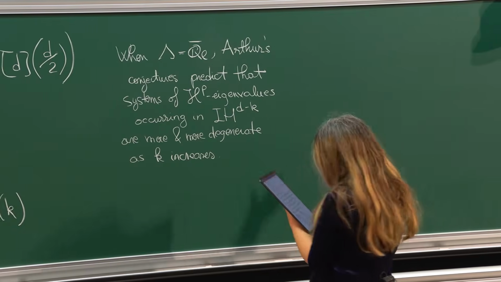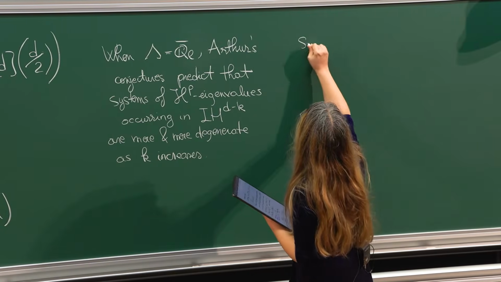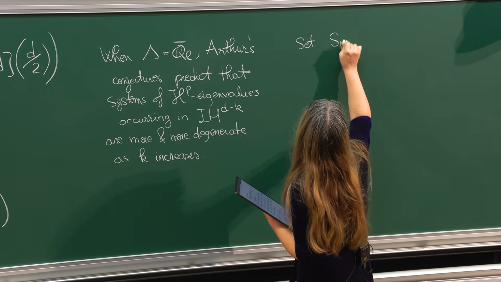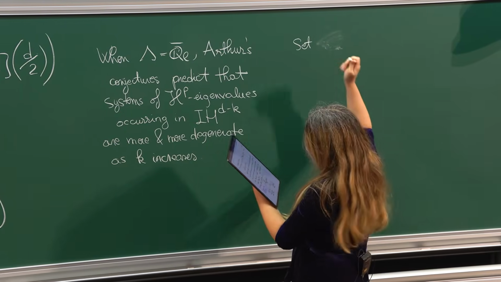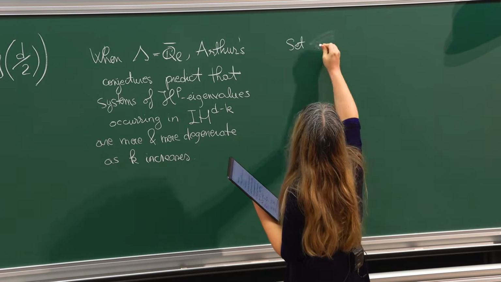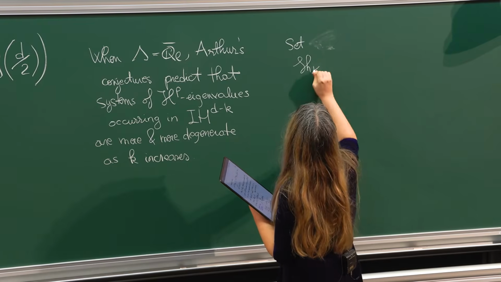And to say something a bit more precise, I'm going to view my Shimura variety as a locally symmetric space.